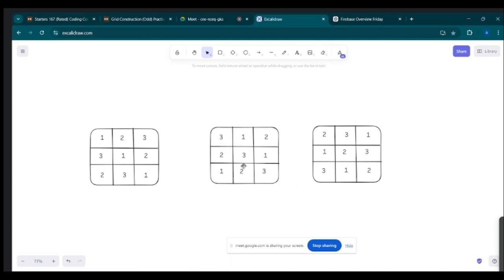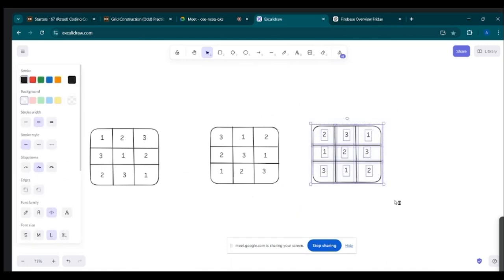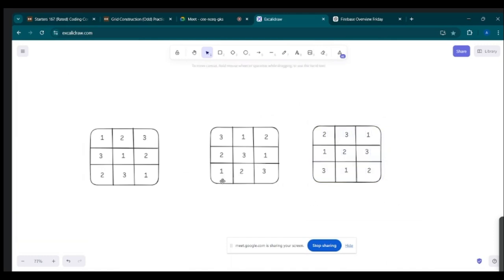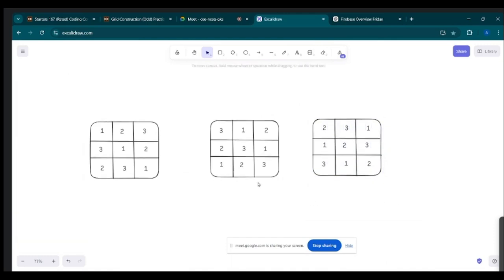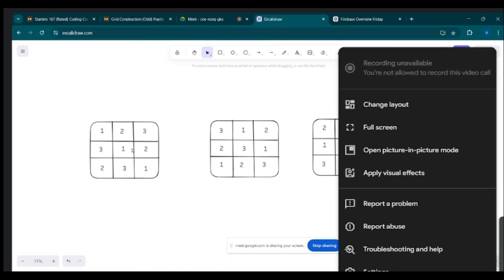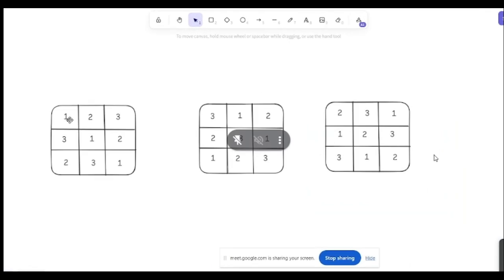Here 1 1 1, 3 3 3 and 2 2 2. So which is equal to 6? Here we can see 2 plus 2 plus 2 equals 6. So we can choose this as the correct option. From this we can see some observations: we can use this method, print 1 to n numbers and shift it to the right to get every row sum and column sum equal to the sum of 1 to n numbers.